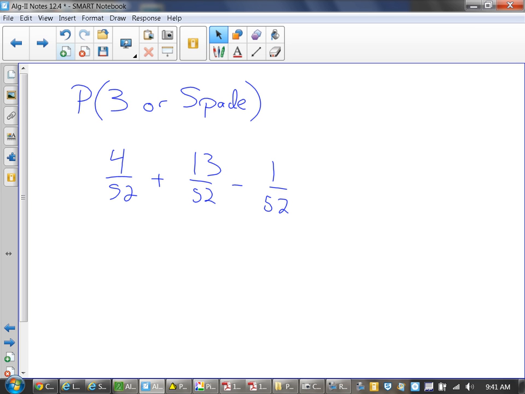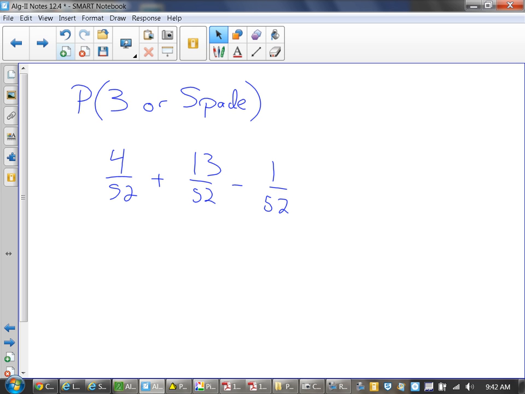So when it's not mutually exclusive, when there's something they have shared in common, we subtract out what's called the intersection. What they have in common, the probability of A and B. Mutually exclusive is the one where you don't have to worry about subtracting anything out. They can happen on their own.